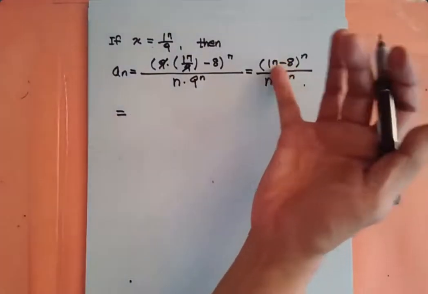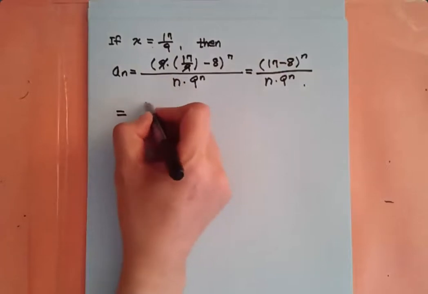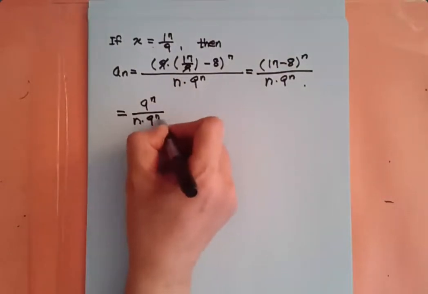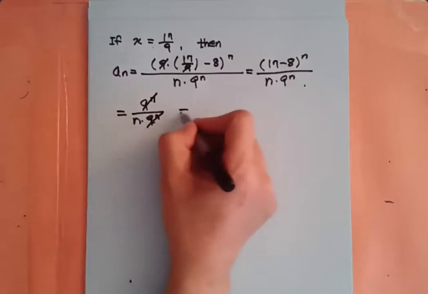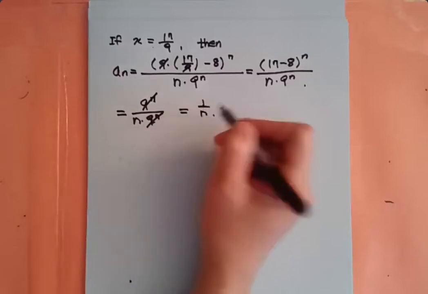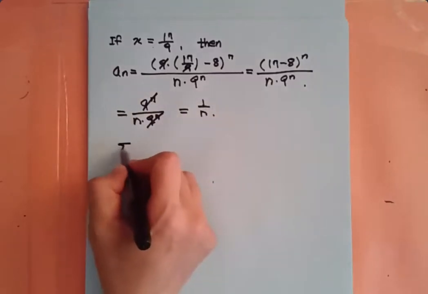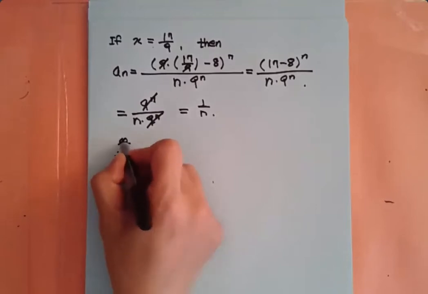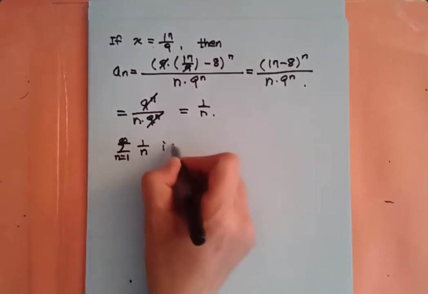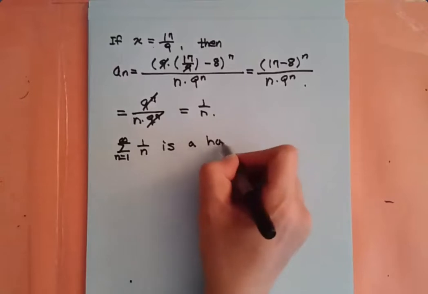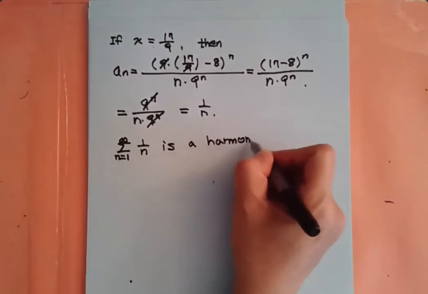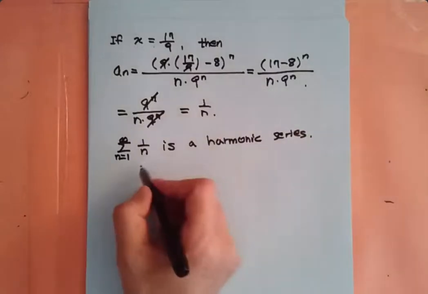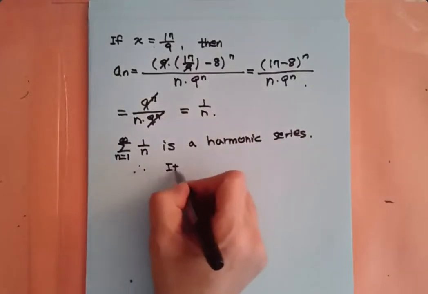So this one will be 9 to the n power over n times 9 to the n power. And those two will cancel each other. So we have 1 over n. So we know that the sum n equals 1 to infinity of 1 over n is a harmonic series. So it diverges.